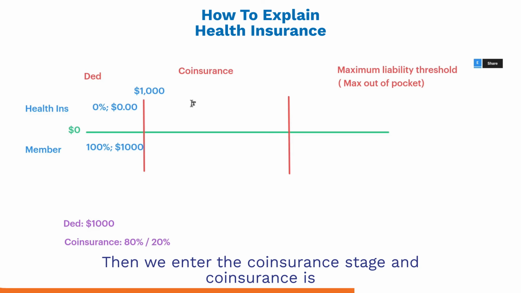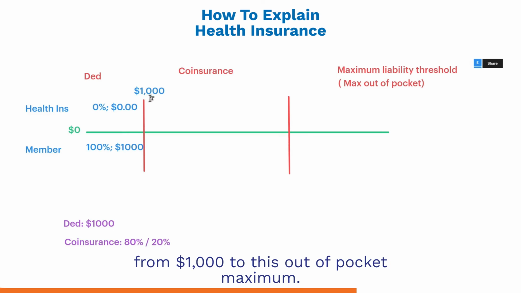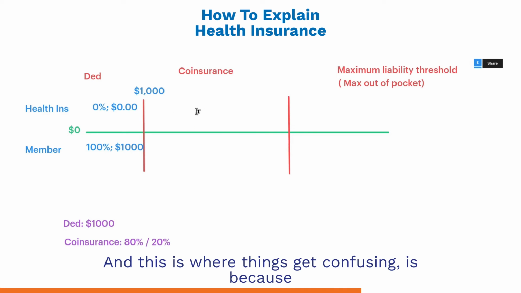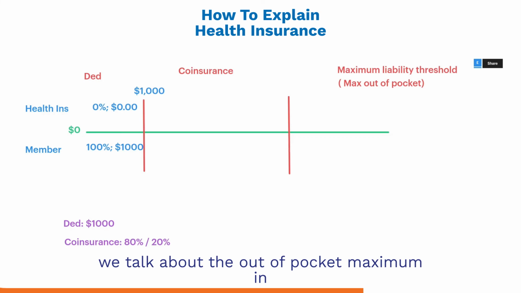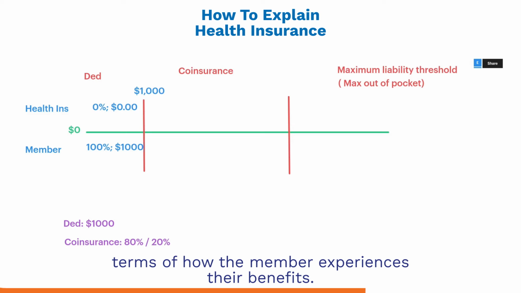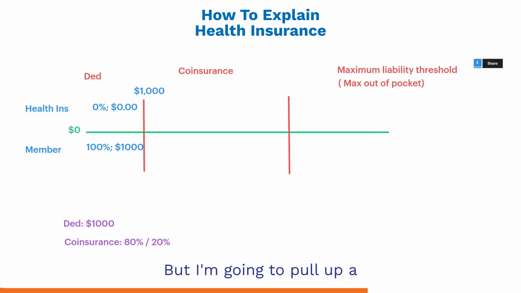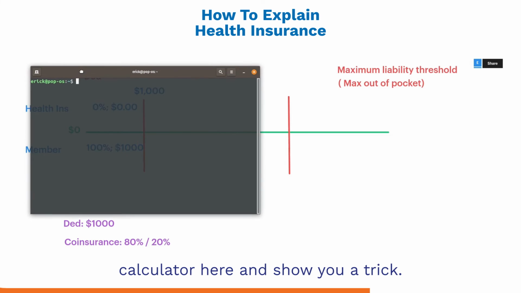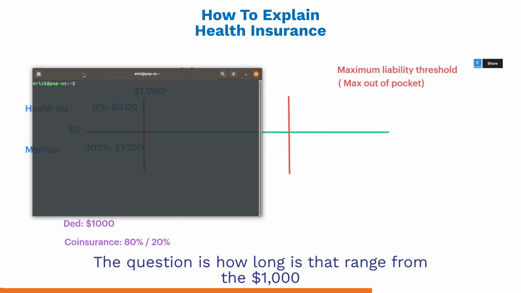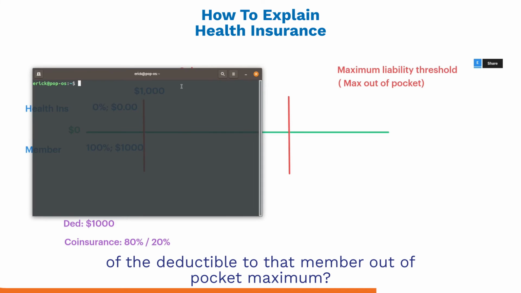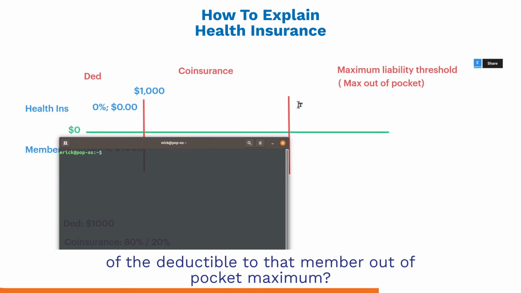Then we enter the coinsurance stage, and coinsurance is from $1,000 to this out-of-pocket maximum. And this is where things get confusing, because we talk about the out-of-pocket maximum in terms of how the member experiences their benefits. But I'm going to pull up a calculator here and show you a trick. The question is how long is that range from the $1,000 of the deductible to that member out-of-pocket maximum.